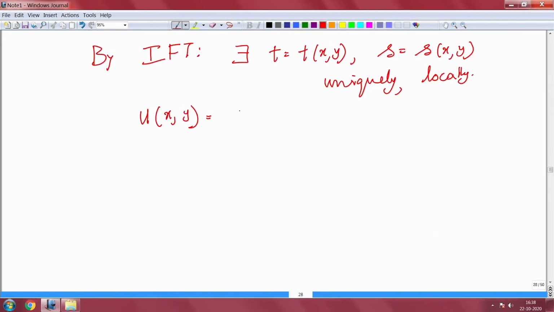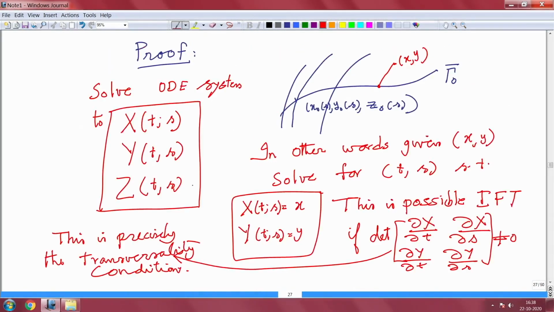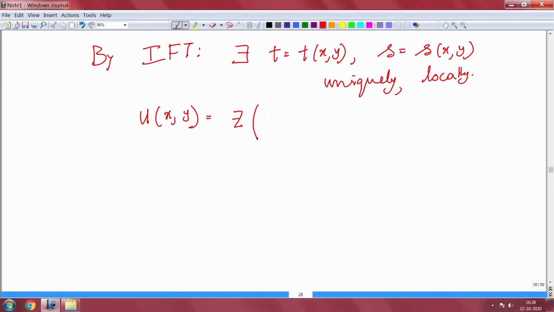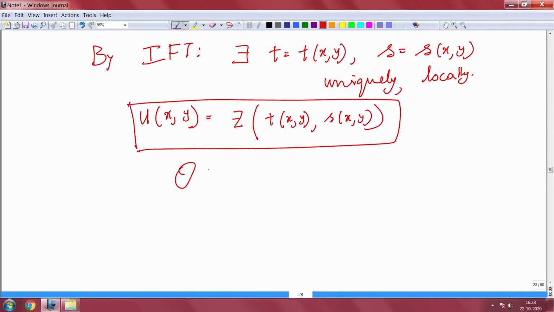Okay, u(x,y), you have your Z of t(x,y), you have solved Z(x,t). So, you substitute s(x,y). You can actually do a verification that this is indeed a solution.